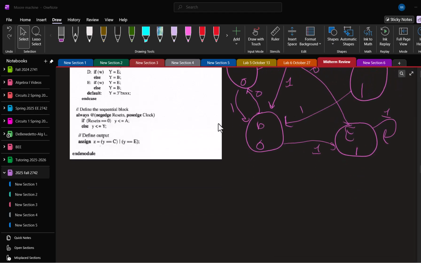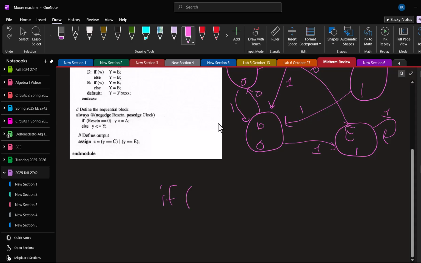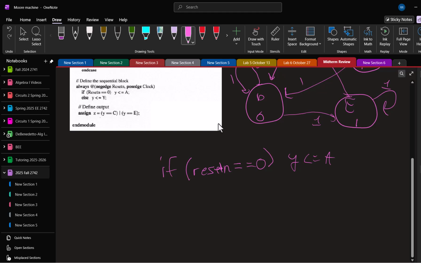But I do want to explain a little bit about if reset N equals 0, Y becomes equal to A. Reset in is just a variable like any other variable, but the reason it's called what it's called is you mean it to be active when it's 0.